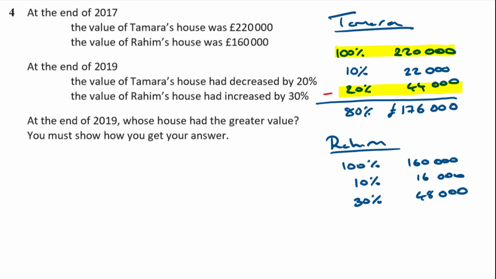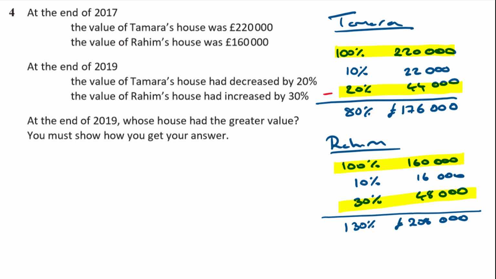Okay, his house has gone up a lot. So then 100% plus 30%, what's that then? That's going to give me 130%, and 160,000 plus 48,000. 160 plus 40 is 200, sorry, plus another 8 is 208,000. Okay.